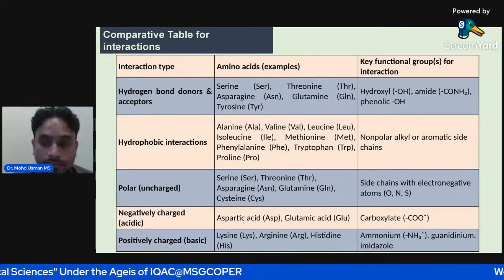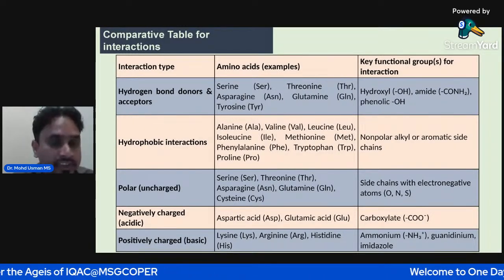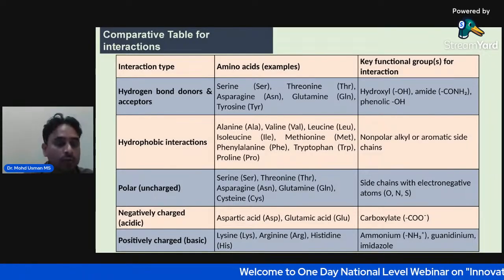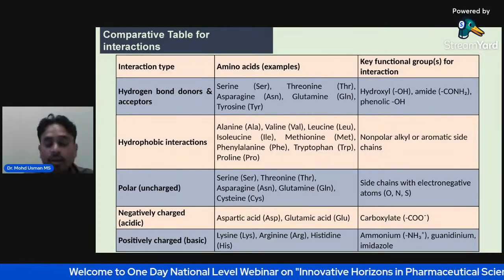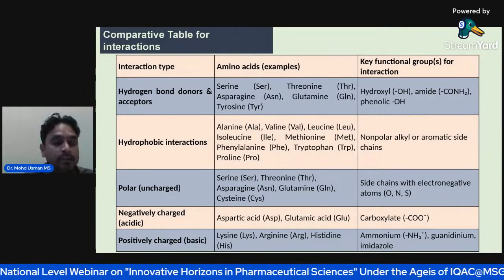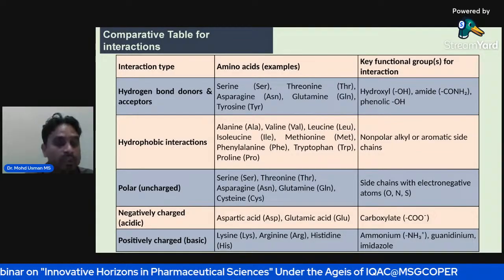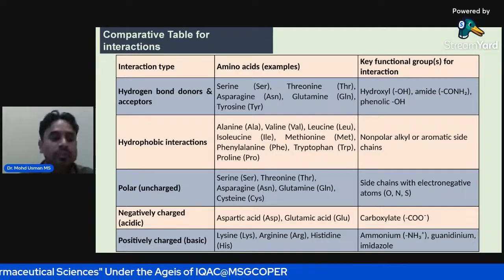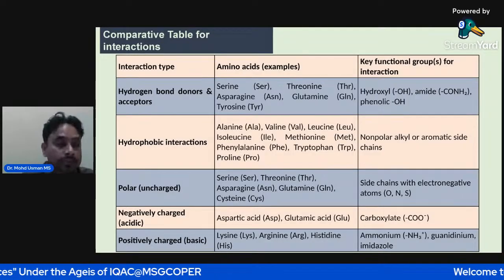Okay, now hydrophobic interaction. Hydrophobic interaction means what? Due to bulkier groups. Now we know in which amino acids bulkier groups are present, like phenylalanine, tyrosine, tryptophan, proline, leucine, valine. These amino acids contain bulkier groups.